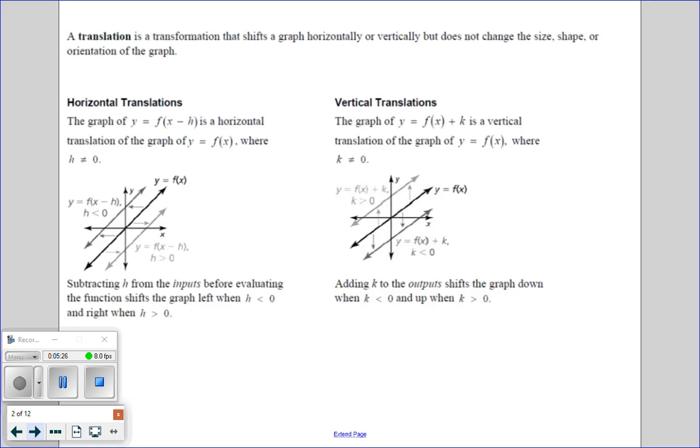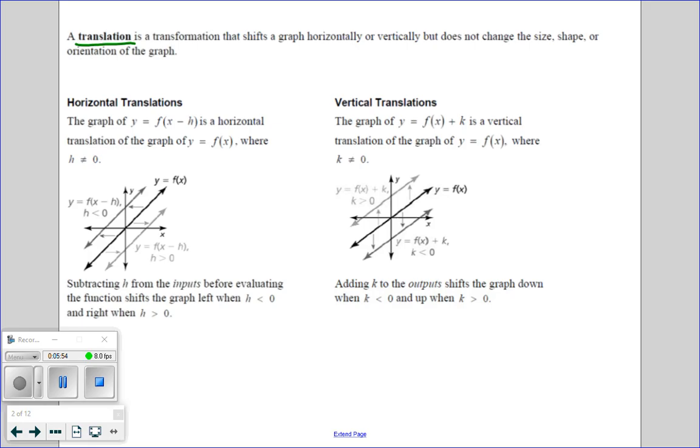All right, are y'all ready to start looking at these? Okay, so again, you've seen this before, and you've seen it with parabolas. We're just going to see it with lines. And hopefully you'll see that it's really the same no matter what graph it is, okay? So first of all, let's talk about translations. Translations are simply a transformation that shifts or slides our parabola either horizontally or vertically, okay?